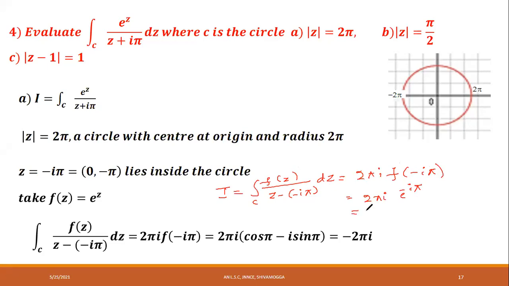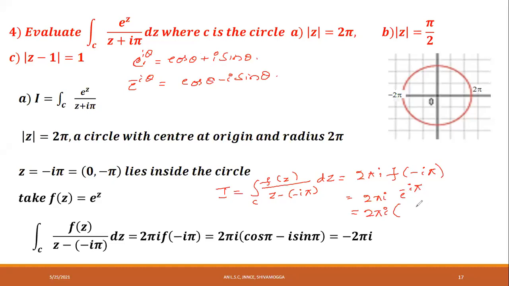Therefore, this is equal to 2πi times, what is the expansion of e^(minus iπ)? The expansion of e^(iθ) is cos θ plus i sin θ. This is Euler's form of a complex number. Similarly, e^(minus iθ) is cos θ minus i sin θ.